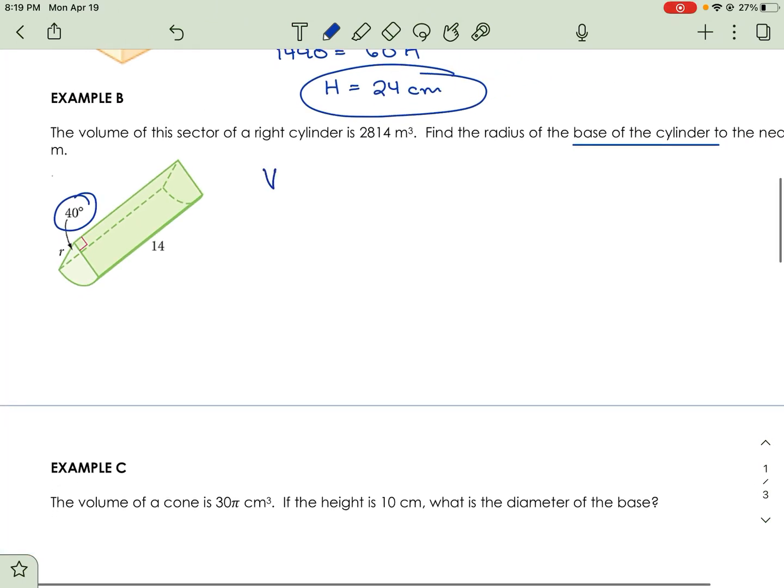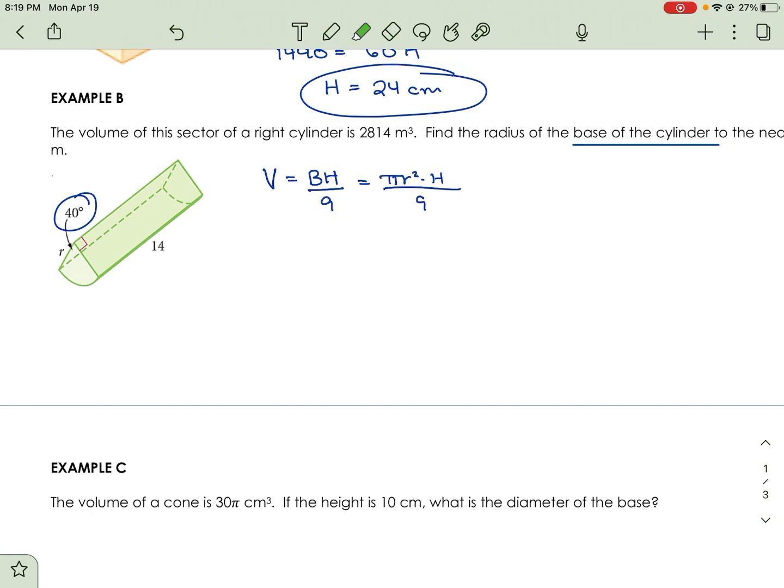We know that the volume of a cylinder is the area of the base times the height of the cylinder. But the volume we're given is only 1/9 of that. So we're going to divide the volume of the cylinder by 9. The area of the base in this case is a circle, so it's pi r squared times the height of the cylinder divided by 9.